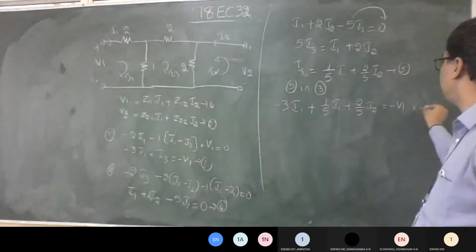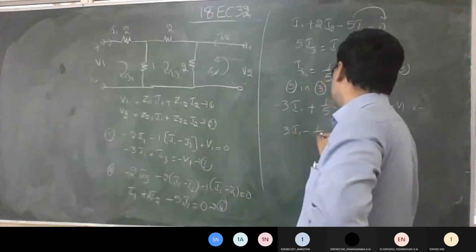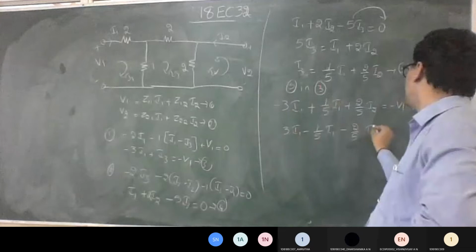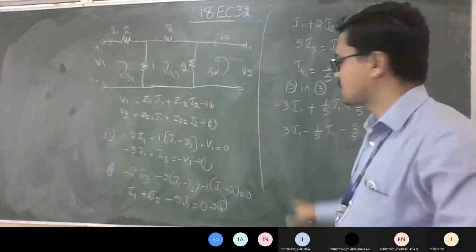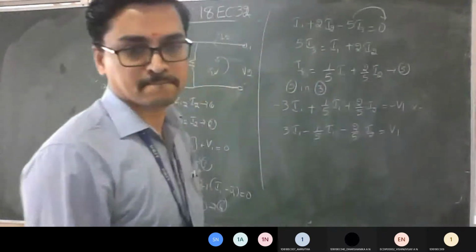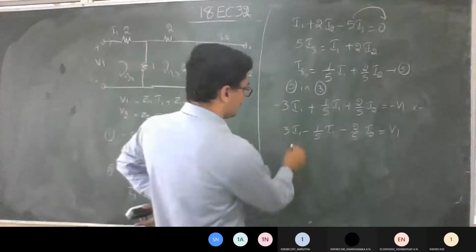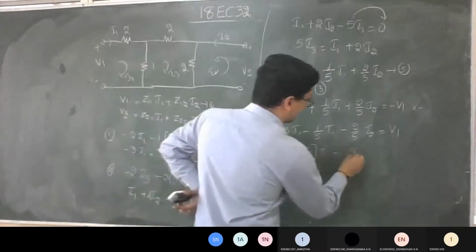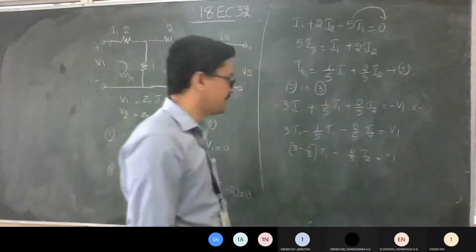If you want, you can multiply by minus here. So this becomes 3 I1 minus 1 by 5 I1 minus 2 by 5 I2 equals V1. Simplify this. You can take I1 common here. So it's 3 minus 1 by 5, I1 minus 2 by 5 I2 equals V1. So what is 3 minus 1 by 5?